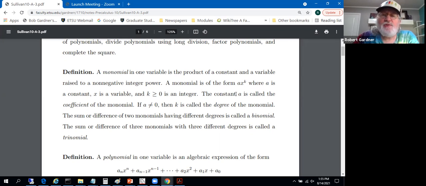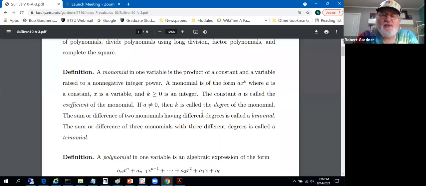If you have x to the 0 power, then that's going to produce a constant function if we treat them as functions, and ultimately we will, and we'll consider polynomial functions. Then that still falls in the category of a monomial.